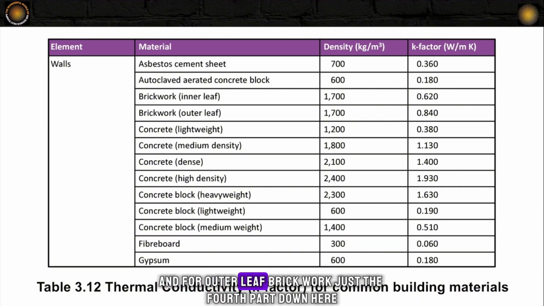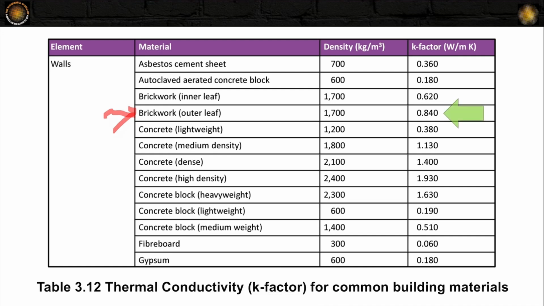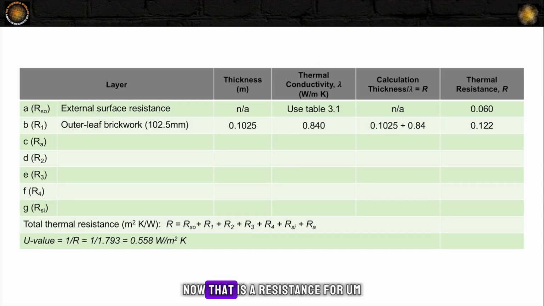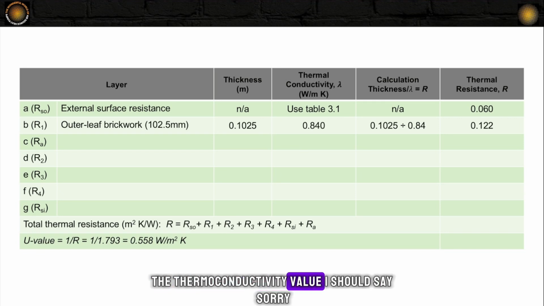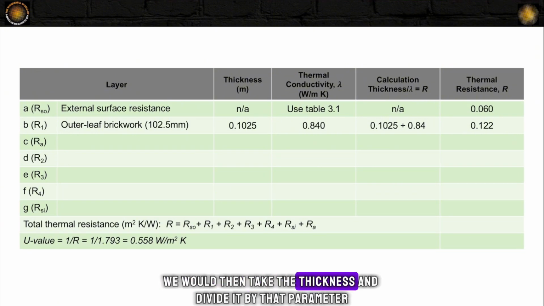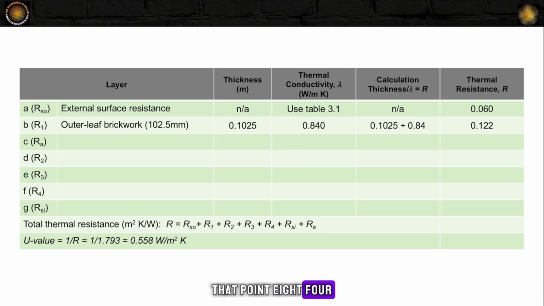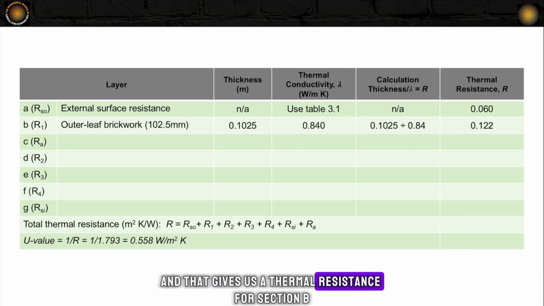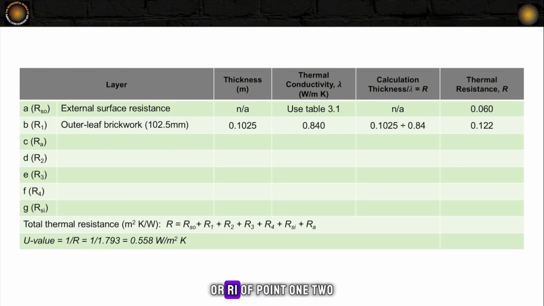And for outer leaf brickwork, just at the fourth part down here, we can see that our K factor is 0.840. Now that is the thermal conductivity value, I should say, sorry, for our outer leaf brickwork. We would then take the thickness and divide it by that parameter, that 0.84. And that gives us a thermal resistance for section B or R1 of 0.122.